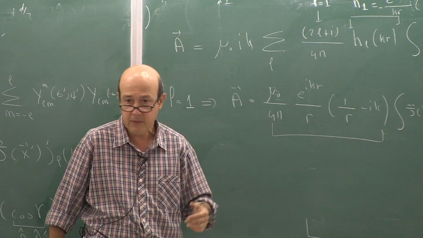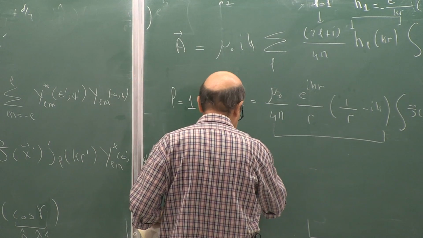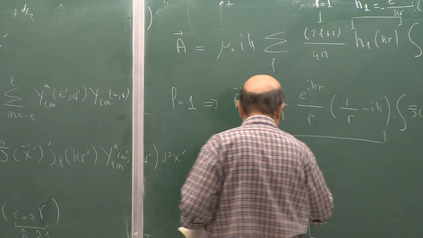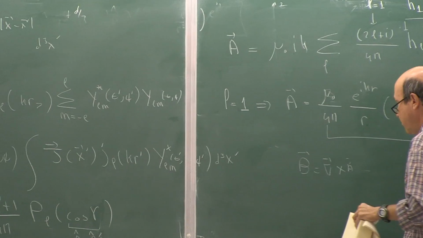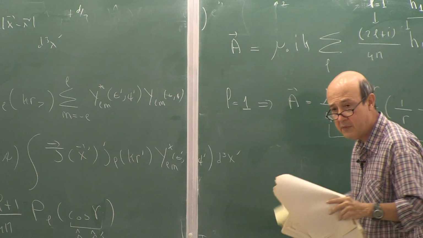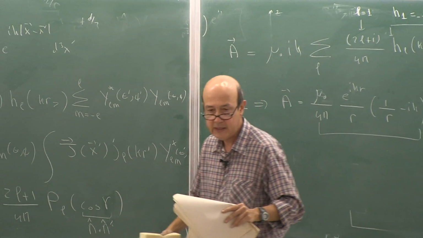I know what is going to end. I know that I will need B as a curl of E, and I will see that it is very symmetric. When I calculate this term, I will find that the magnetic dipole moment term is very similar to the electric dipole moment, and the calculation will be very, very easy.